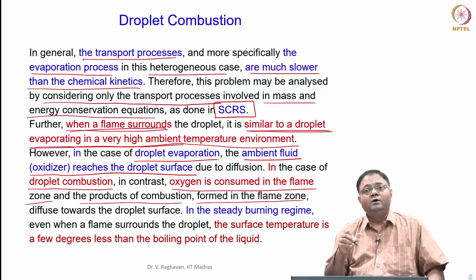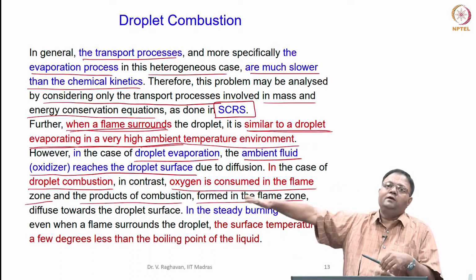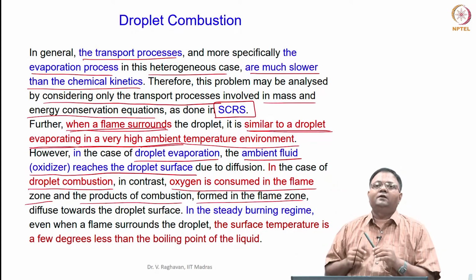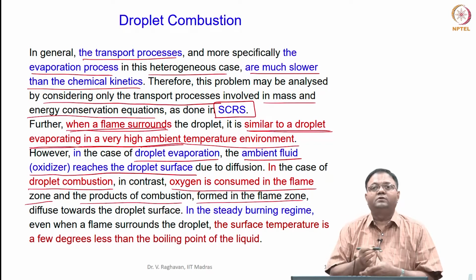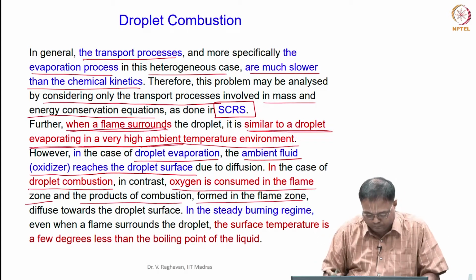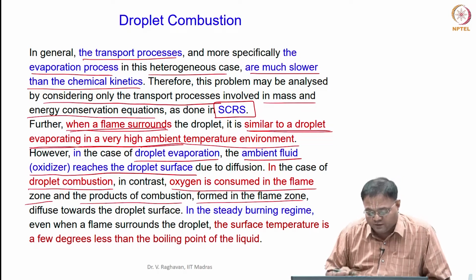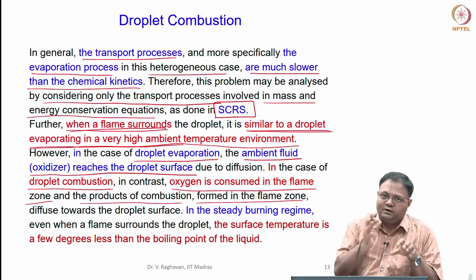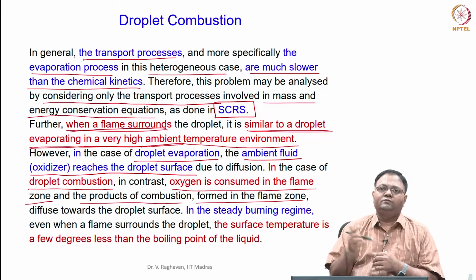Similarly, fuel could reach Y infinity at a larger radius, but here there is none, because the fuel is consumed in the flame zone. So outside the flame there will be no fuel left. These are the two differences, but other than that, the inner zone is pretty much the evaporation problem, where instead of oxidizer, products diffuse into this zone.